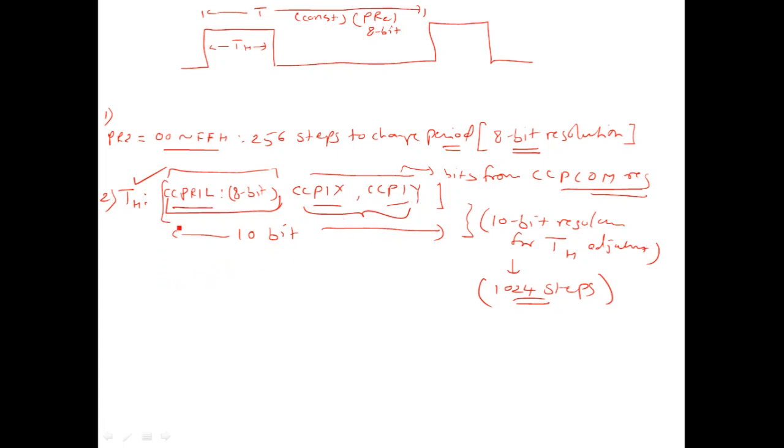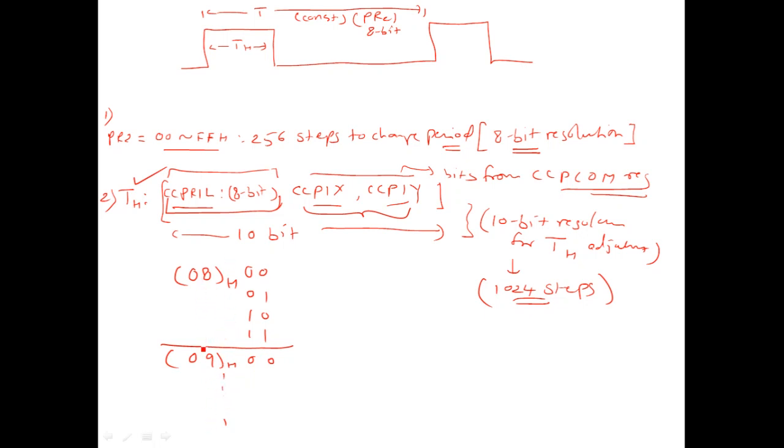So suppose your 8-bit count is 08H, and these 2 bits are 00, then 01, then 10, then 11, and then it will become 09H, and the low bits will go to 00.